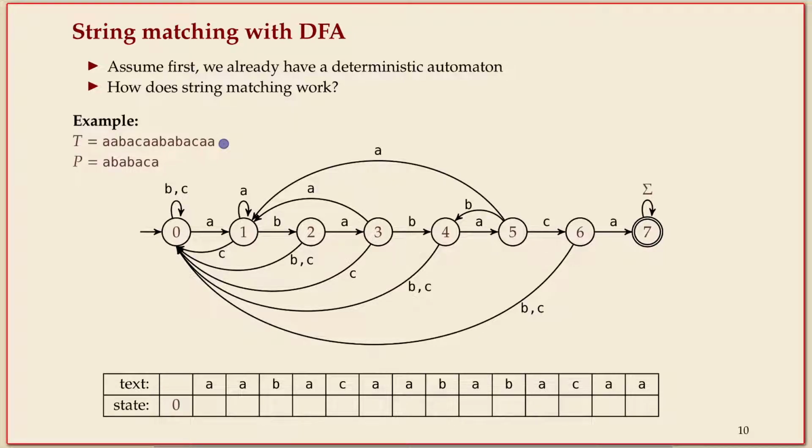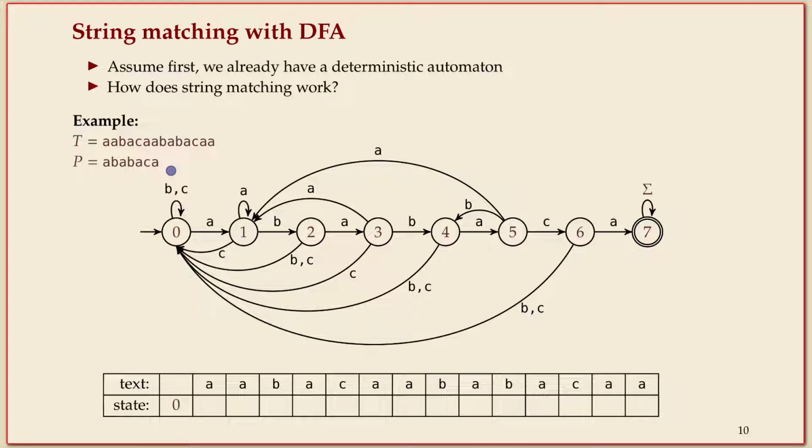So treat this automaton as given to you from some super smart person and don't think about how to construct it for now. This is the string matching automaton for this pattern. You can always verify this by checking that there's A, B, A, B, A, C, A, the pattern written on these horizontal edges.